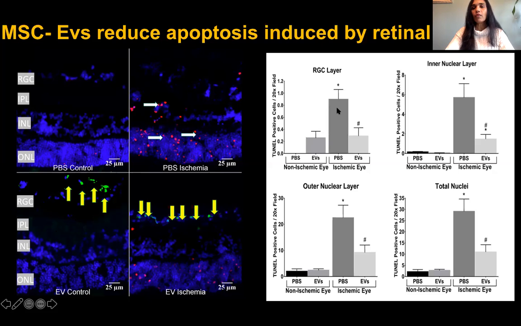We counted the TUNEL positive cells in different layers of the retina, and we found that in all the different layers, the number of TUNEL positive cells tremendously decreased with injection of EVs into the retina.